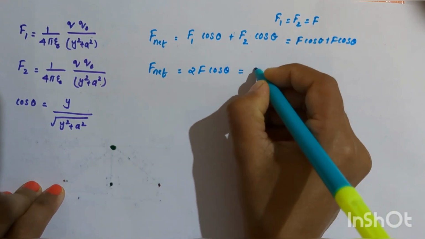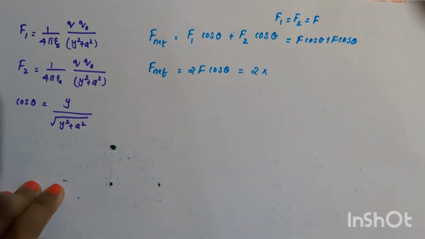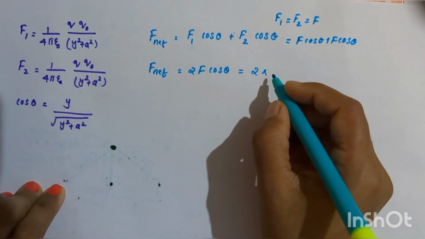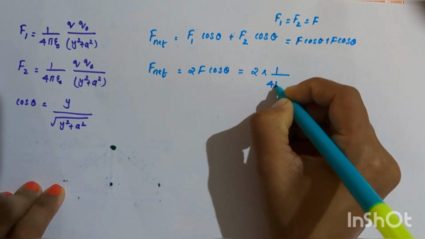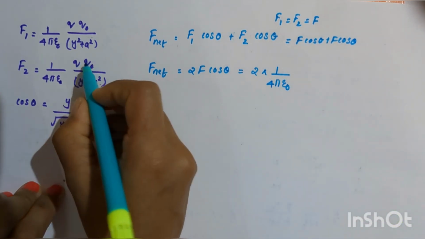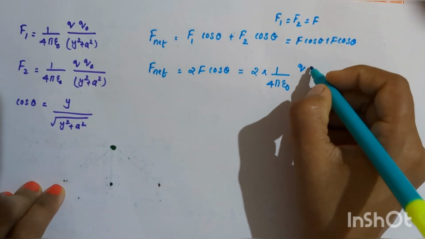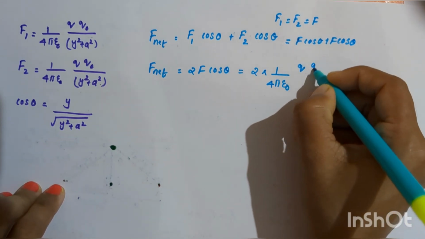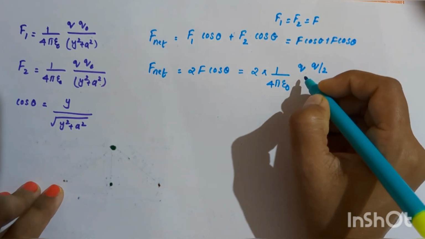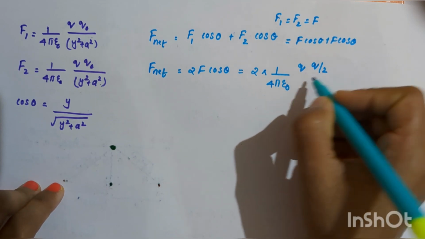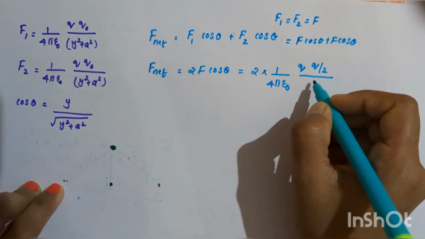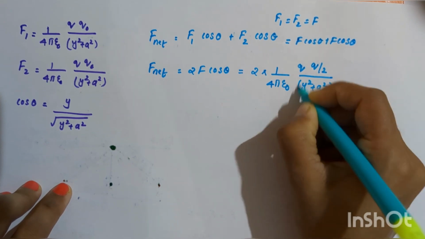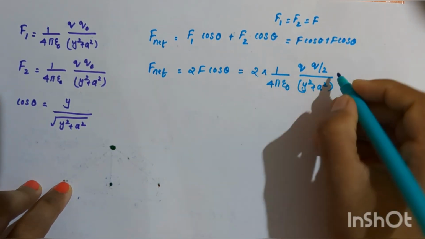So this will be equal to 2 into F, the force, either F1 or F2, because both have equal magnitude. So, 2 into 1 by 4 pi epsilon 0, Q into Q0, and its magnitude we can just take as Q by 2. I am not taking the negative sign here because we will discuss the direction later. So, Q into Q by 2 divided by y square plus a square. So 2 into F into cos theta.